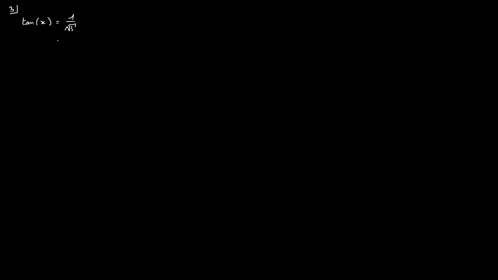So I'm going to write it out in full: the arctangent of 1 over the square root of 3 is equal to pi over 6 plus k pi.